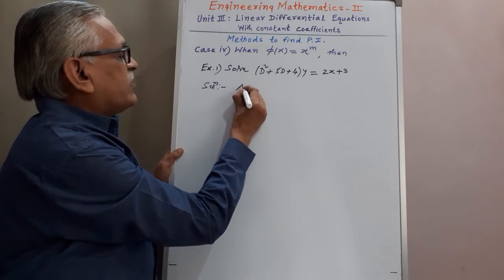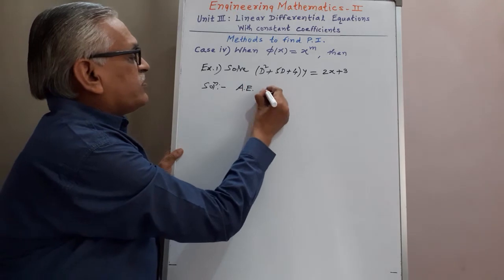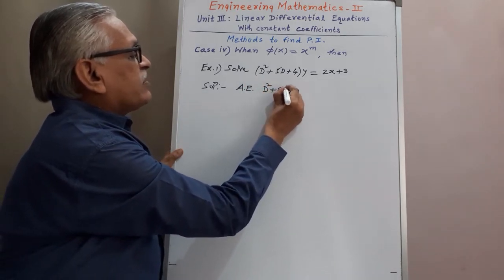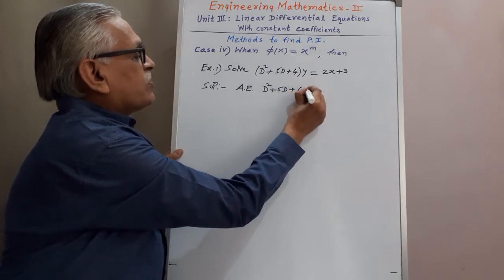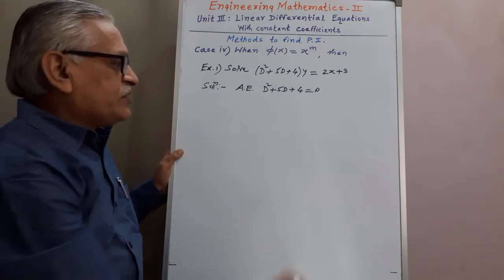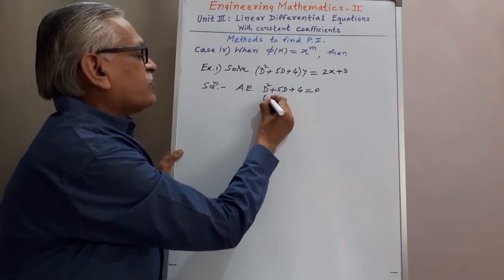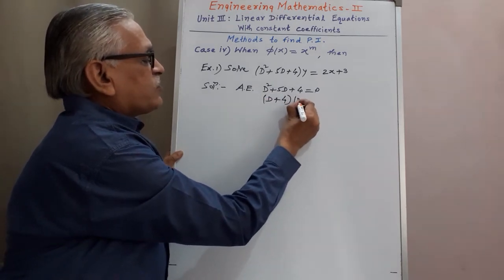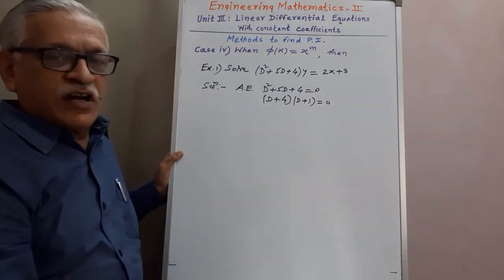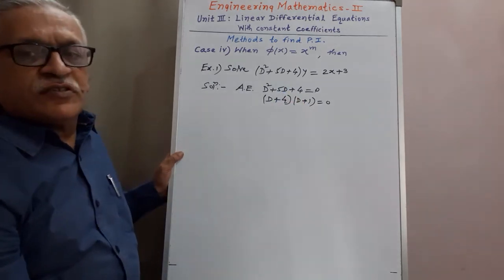The given differential equation is a second order differential equation, therefore the auxiliary equation is D square plus 5D plus 4 equals 0. Finding the factors of this term, factors of 4 are 1 and 4: D plus 4 and D plus 1 equals 0. The product of these two is 4 and the sum of these two is 5.